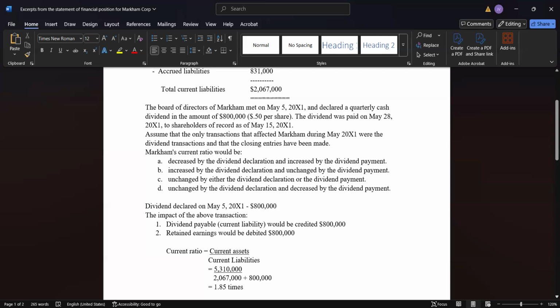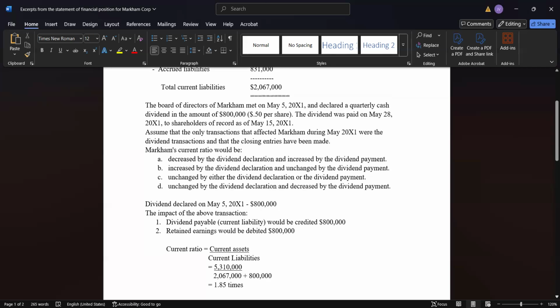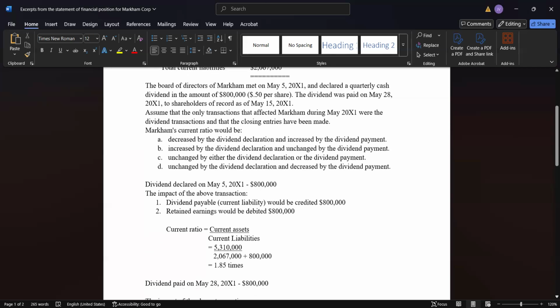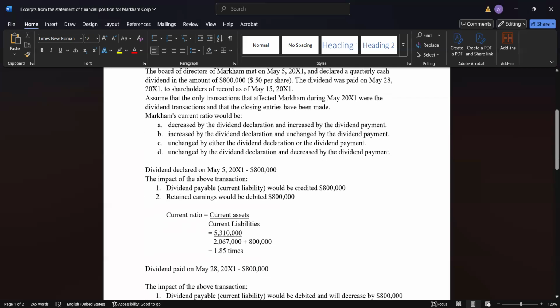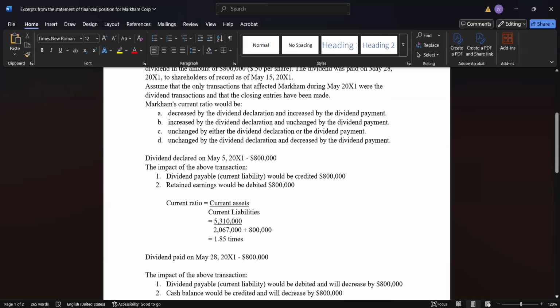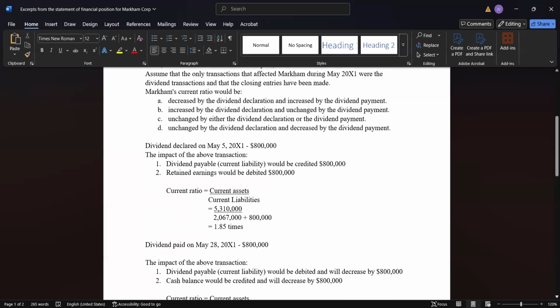Then eventually the dividend was paid on May 28th, but the transaction was on record as of May 15. But this was during the month of May. So when the dividend was actually paid on May 28 during the month of May, what's the impact of this transaction?